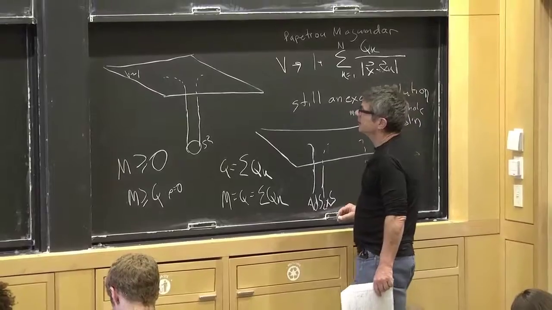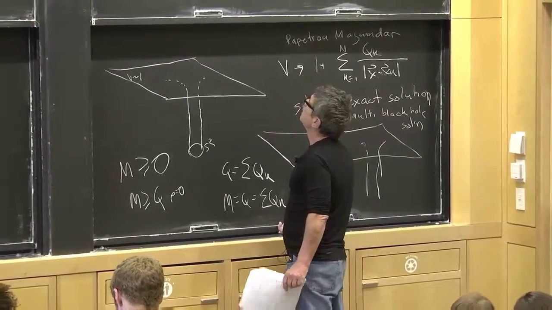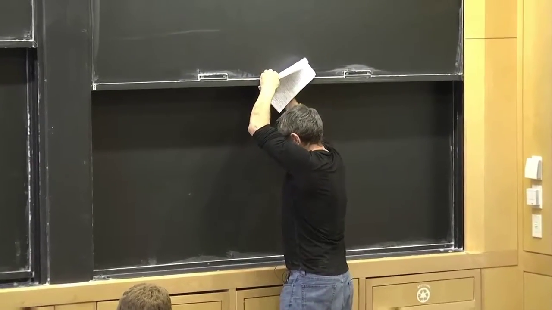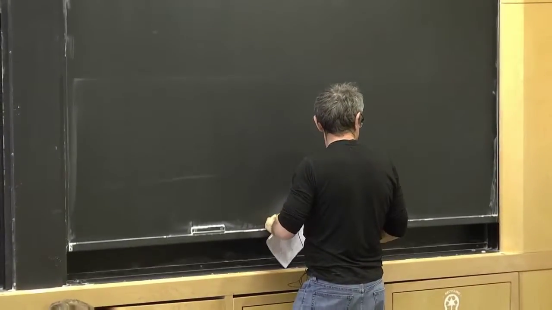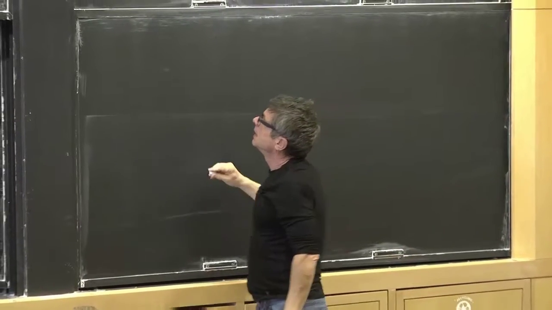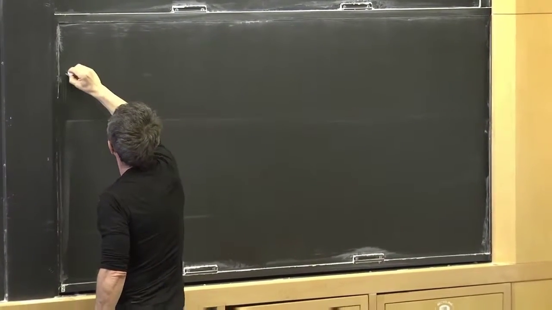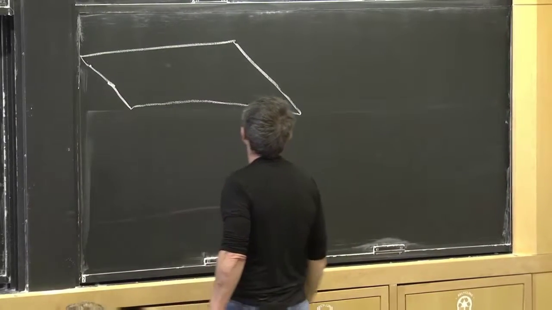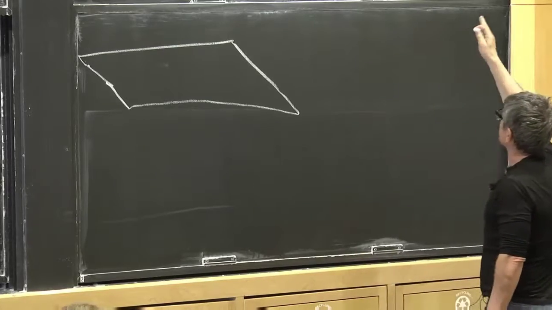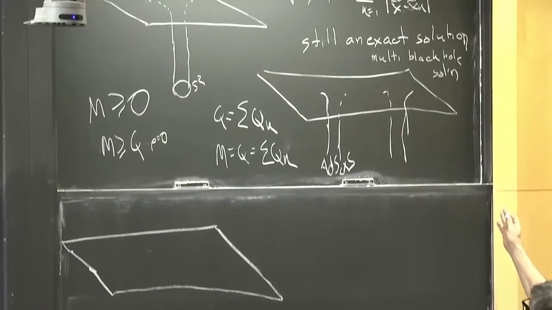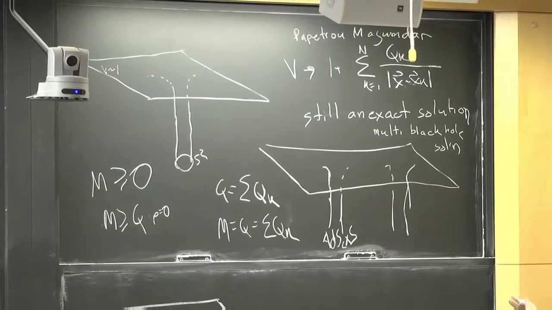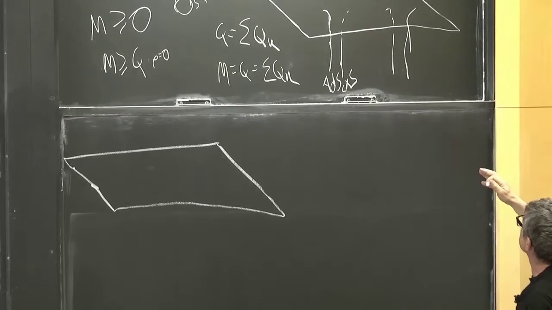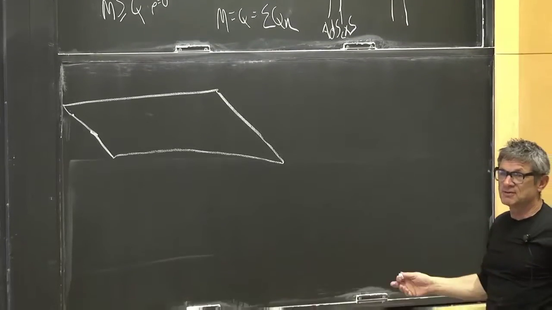But if I take the x's close, and what do I mean by close? I mean, suppose I take x17 minus x18 to be much less than the size of Q17 or Q18.